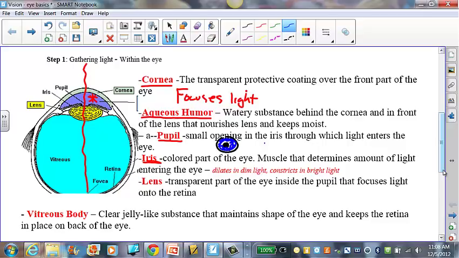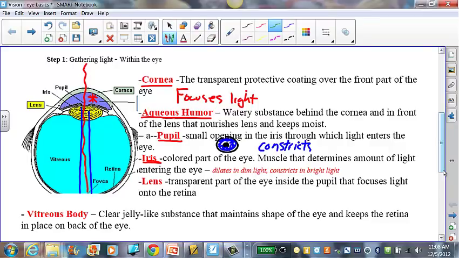If it constricts during bright light, that means that it gets smaller, and light will focus on a very small pathway to the back of the eye. So when it's very bright outside, our pupil is constricted, and light focuses right in the back center of the eye where most of our visual acuity occurs.